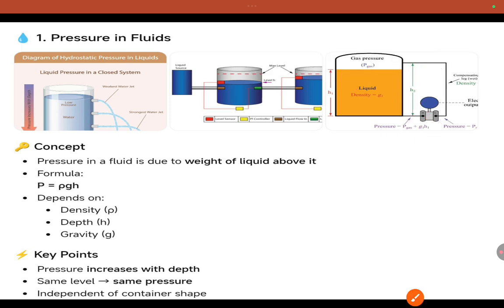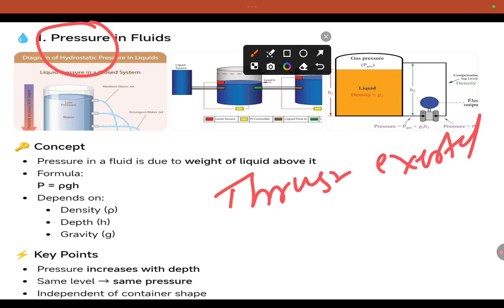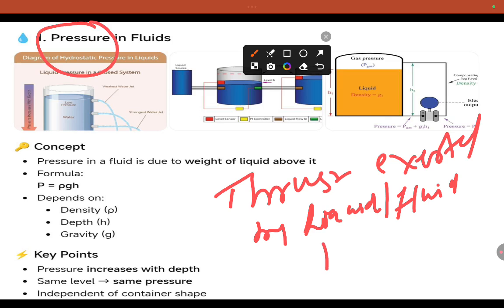So coming to pressure. Now what is meant by pressure? Definition: thrust exerted by liquid or fluid, you can take fluid, thrust exerted by fluid per unit area is known as pressure.